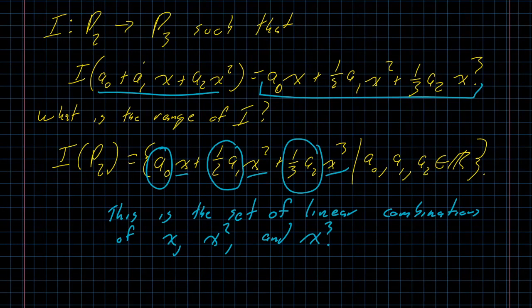Because a0, a1, and a2 are arbitrary constants, multiplying them by any fixed constant isn't going to change the fact that it's an arbitrary constant. And so this set is the span of the three vectors x, x squared, and x cubed.